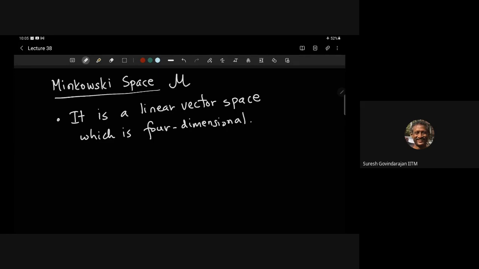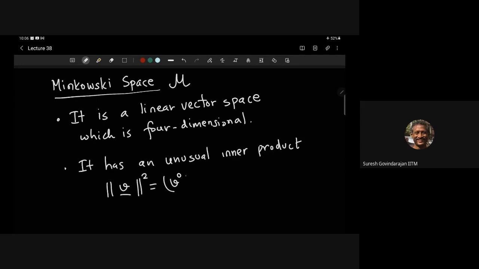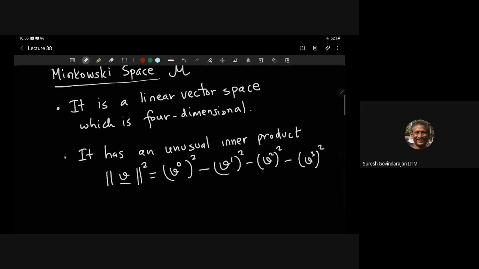We'll write some n like this. But it has an unusual inner product. It says something like, if you give me the norm of a 4-vector, that would be v0 square minus the sum of the squares of the space components. So that's what it is.